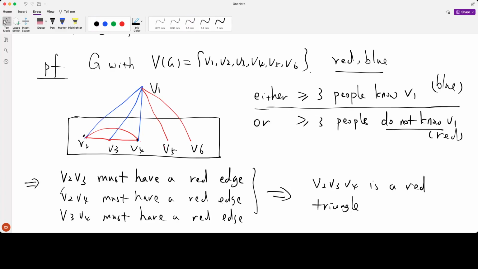Then we translate the language back. It means that the three people don't know each other, and we are done.